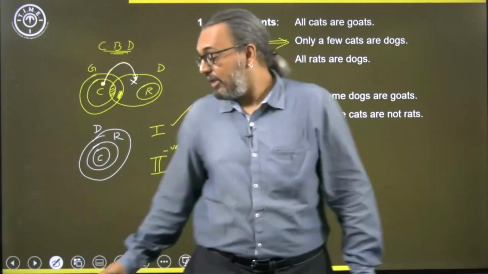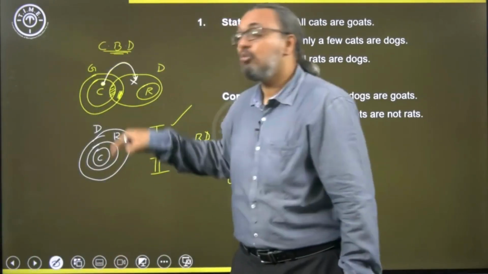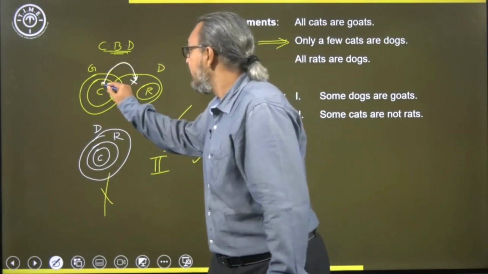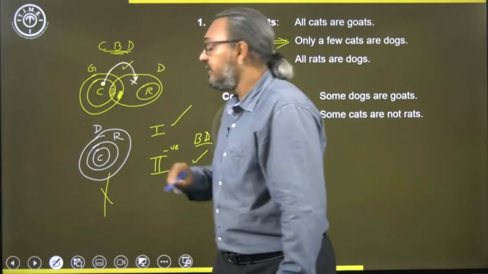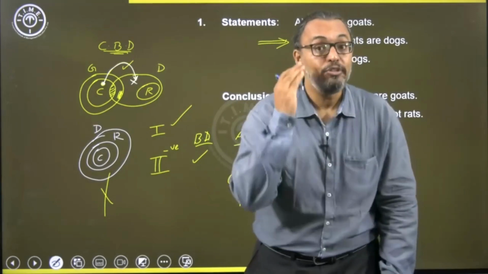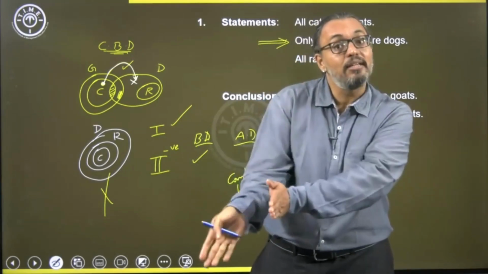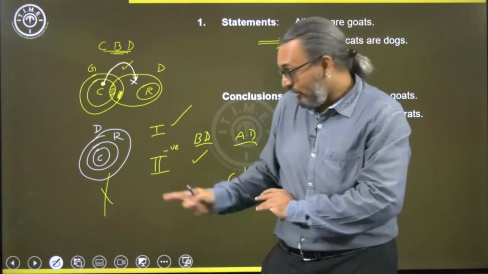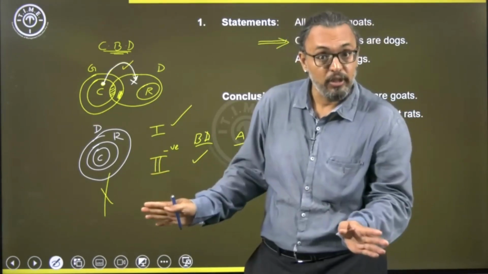But here all the cats are moving inside dogs, which is not allowed. So this indication will help you visualize whether you can put the circle inside or not. Understanding the point? Now, can I do that? No, you can't do that.